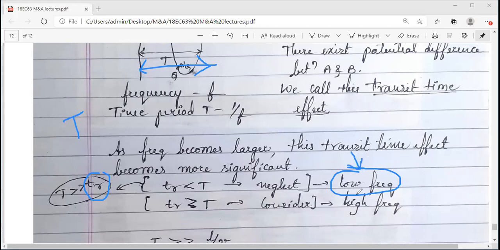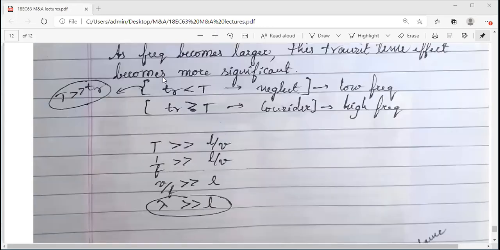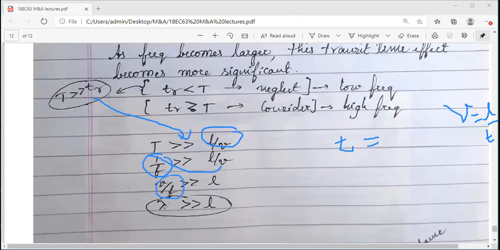But when it comes to higher frequencies, what will happen? Same thing I have written here, you can see it. T is very much greater than TR. TR is nothing but time. Velocity is equal to distance by time, so time is L by V. And T is 1 by F. Then V by F is nothing but lambda.